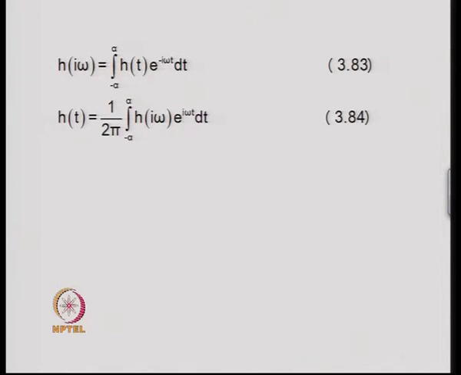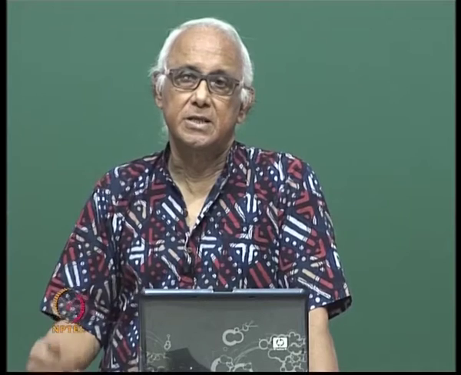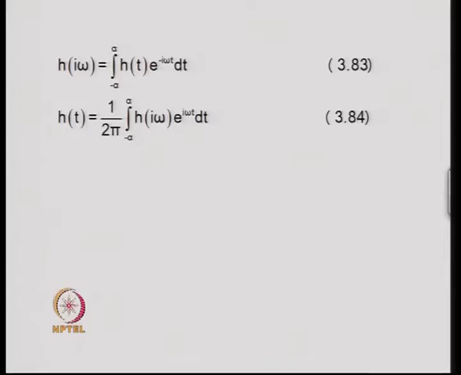The only difference here is that 1 by 2 pi is not associated with the first equation, which is generally the case for finding the frequency contents of any time history, but here 1 by 2 pi is associated with the IFFT part of the equation. So, the FFT part of the equation does not have 1 by 2 pi, whereas the IFFT part contains 1 by 2 pi. However, if we interchange this, then also the results of the Fourier transform do not change.